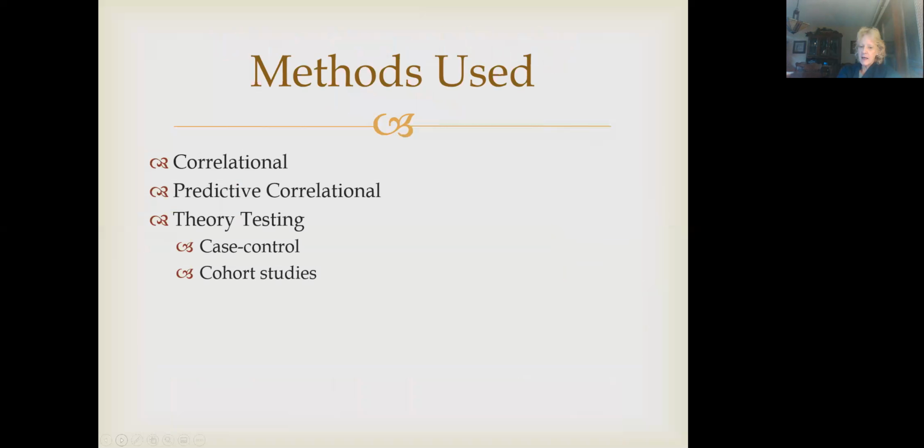So the methods that can be used for these types of studies are correlational, predictive correlational, and you can do some theory testing using a case control or a cohort study. So we'll talk a little bit more about this, but correlational is just looking at the relationship between two variables. Predictive correlational, on the other hand, might be something like, what are the strongest predictors?